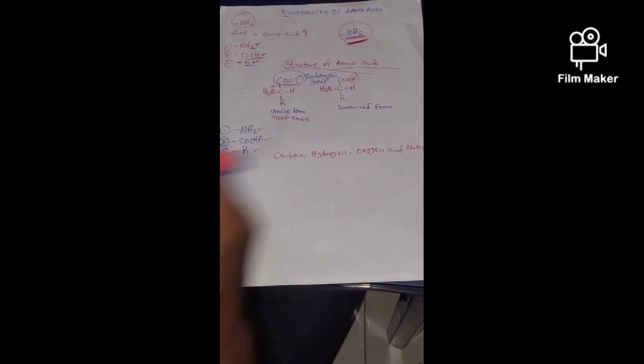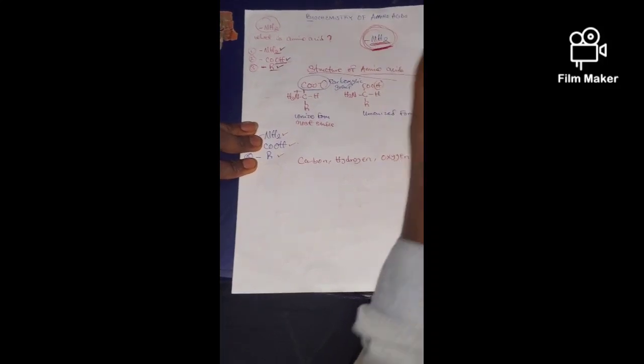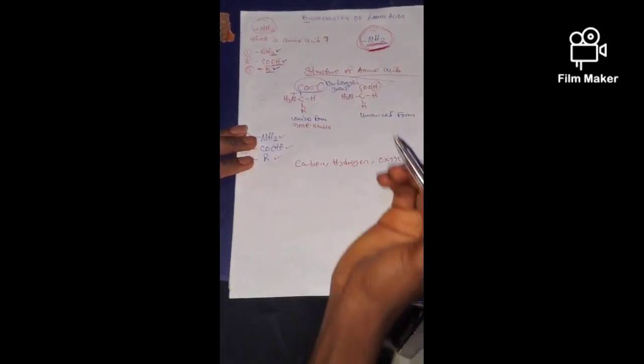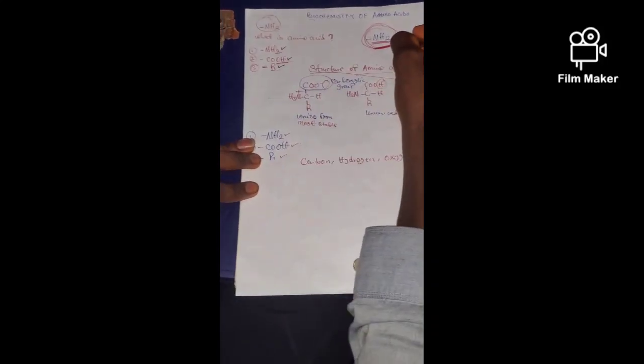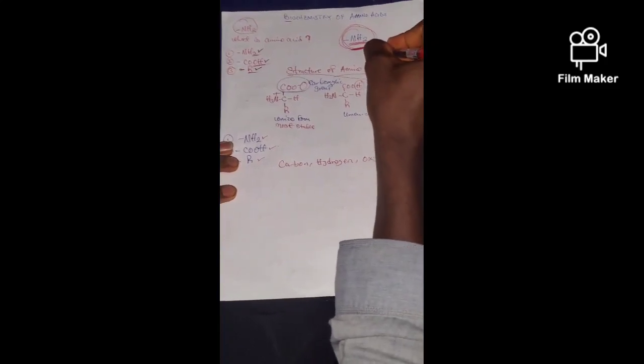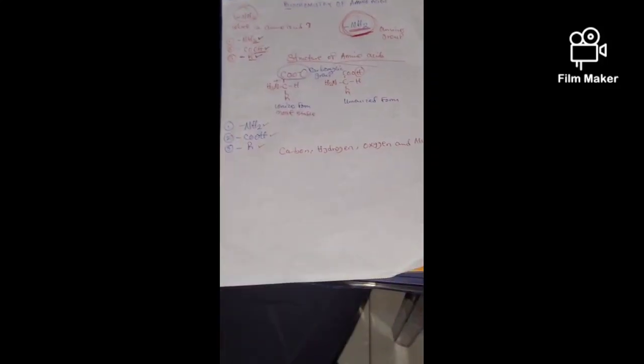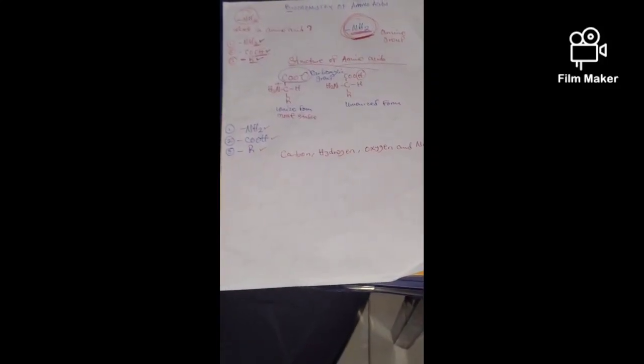This is what we call an amino group, or you can call it the amine group. Alternatively, still correct, this is the amine group. Are you following, please? All right.